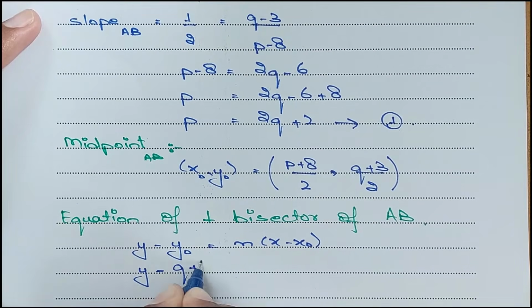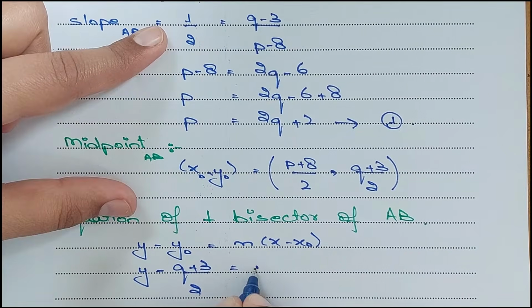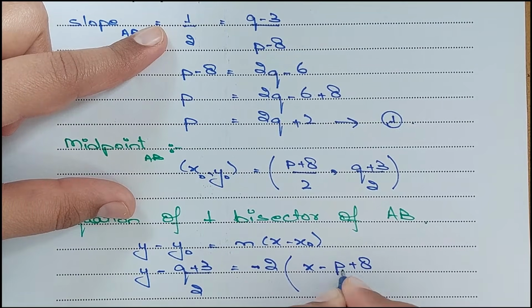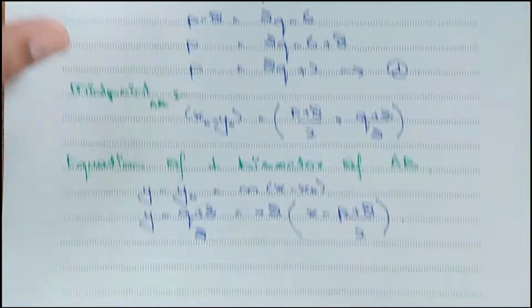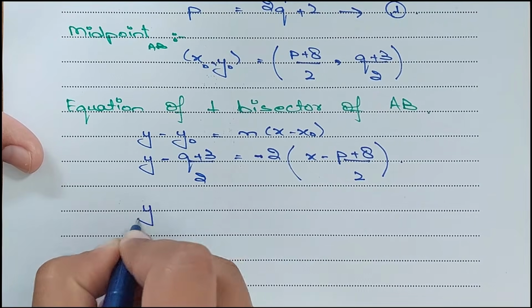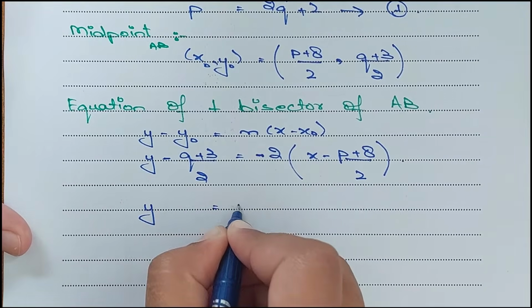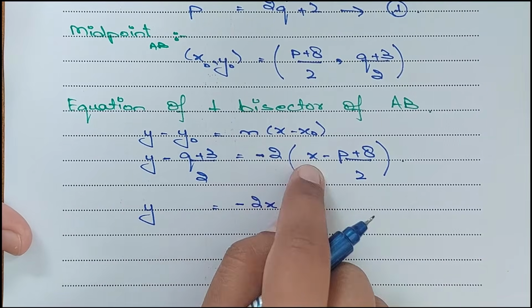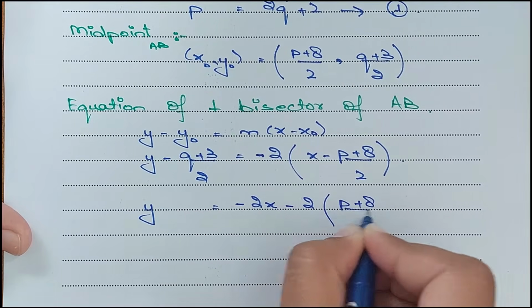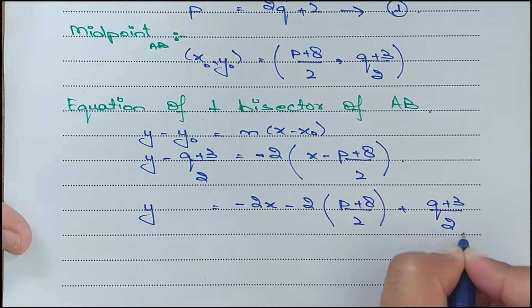Y0 is q plus 3 over 2, equal to m, the slope, which is the negative reciprocal, negative 2, into x minus x0, which is p plus 8 divided by 2. So from here we will get the equation in terms of p and q, right? So let me simplify this. We have y would be equal to minus 2 times x, and minus 2 times p plus 8 over 2, plus q plus 3 over 2, right?